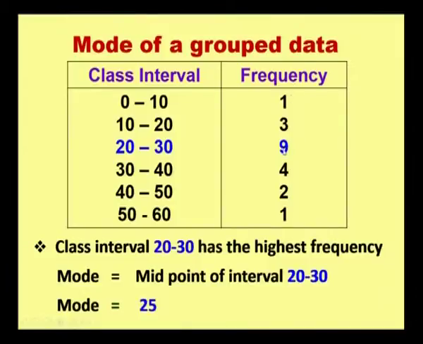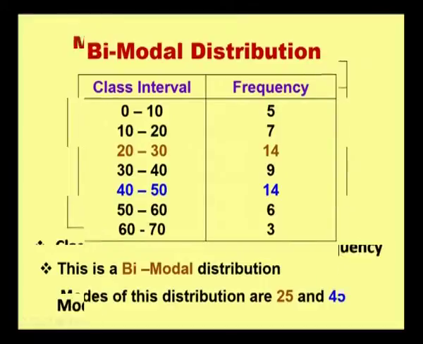That means the frequency is 9, and definitely the same definition is applicable here: the value occurring the largest number of times is called the mode. Therefore, this class interval contains the mode, and the midpoint of the class interval, that is 25, is taken as the mode. In that way we can calculate the mode of grouped data.